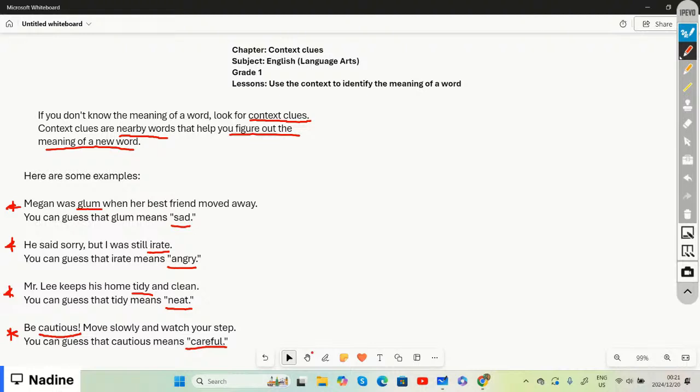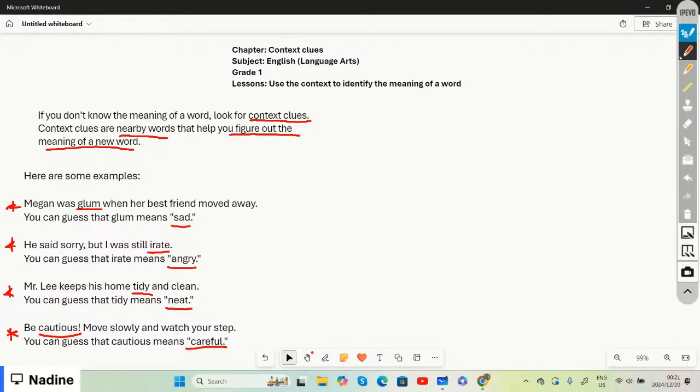And if we look at all of those words that we underlined, especially in the first sentence, those are words that, for example, we kind of did not know.